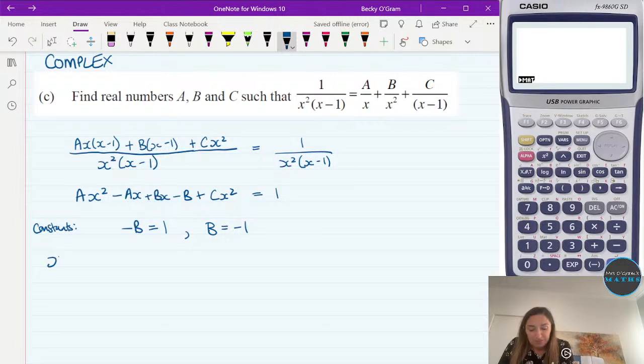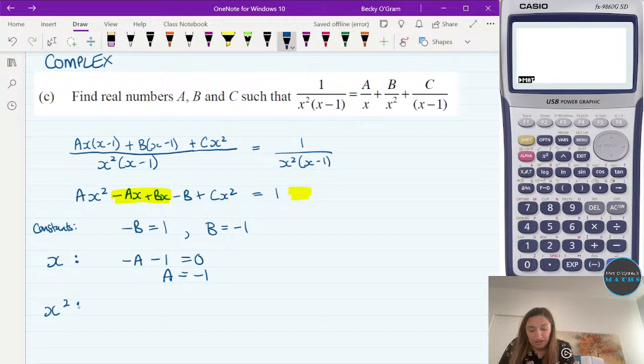Now if we compare the x terms, then on the left we have x terms here, and on the right we have 0 x terms. So we have minus a plus b is equal to 0. Well, b we just worked out to be minus 1. So then a must be equal to minus 1.